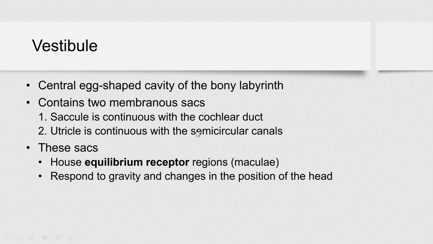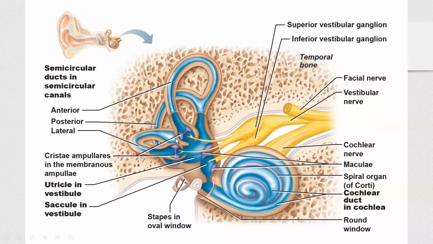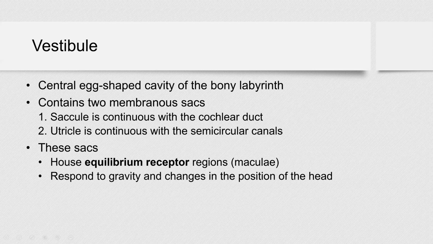So again, if you go over here, you have your anterior, your posterior, your lateral. Oh, I'm sorry, I guess instead of anterior, they call it superior. So superior, posterior, and lateral, or anterior, posterior, and lateral. But you have the ampulla, this wider part, and inside you have the cristae ampullares.